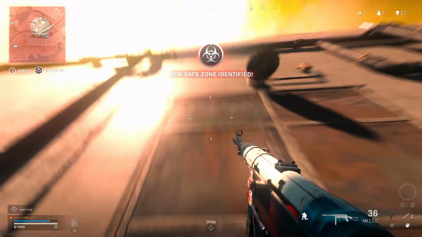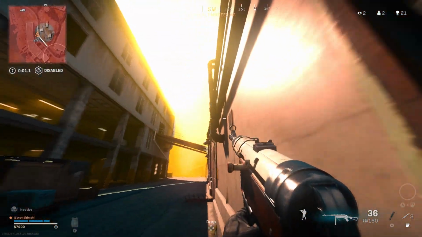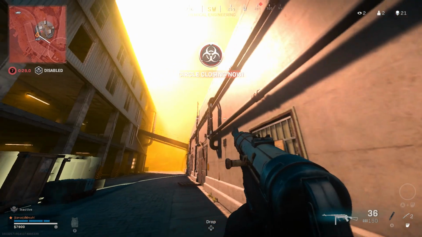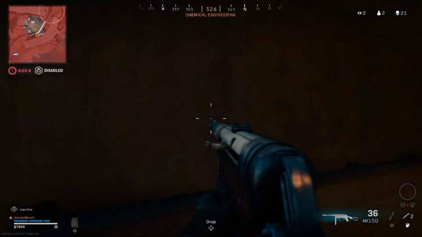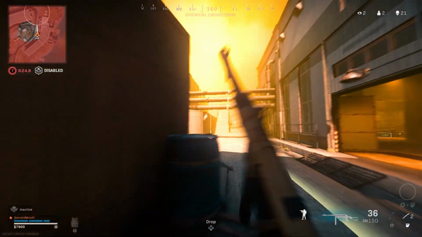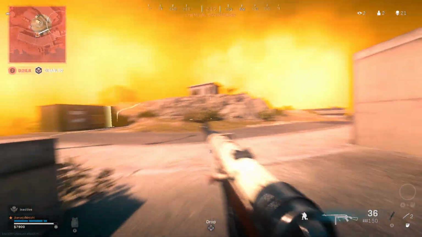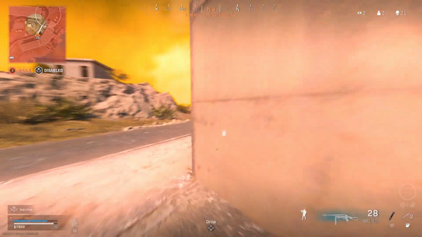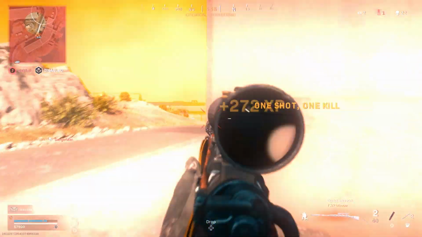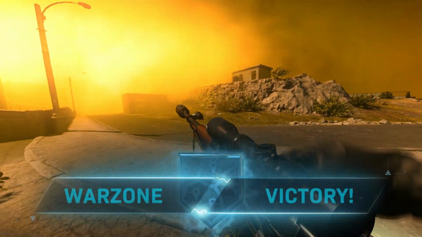Gas is closing in. Relocating the safe zone. UAV is out of fuel. Gas is right on your tail. Primary objective complete.